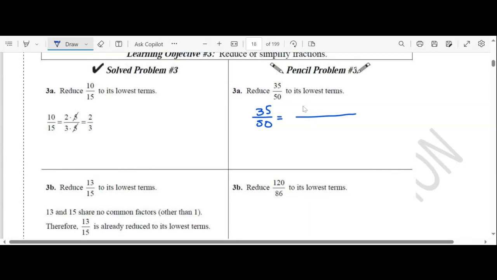So 35 is what? 35 is what? 7 times what? 5 times 1, right? 5 times 2 times 5, right? Can I cancel the 5 with the 5? Yes. So you find answer what? 7 over 10, correct? If I add here 1, it's okay. 1 or no 1, it does not affect.